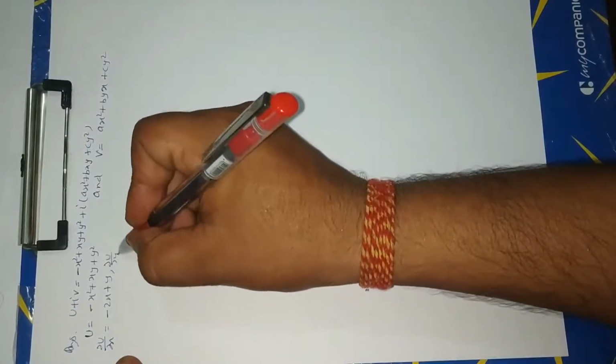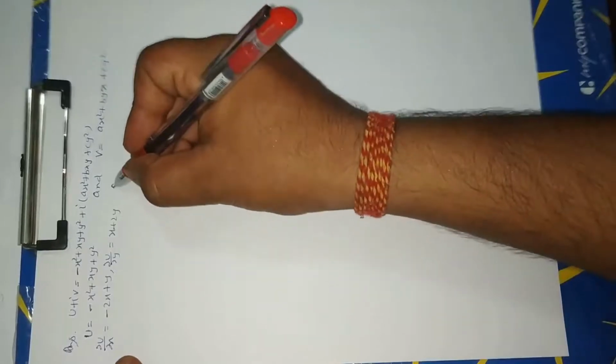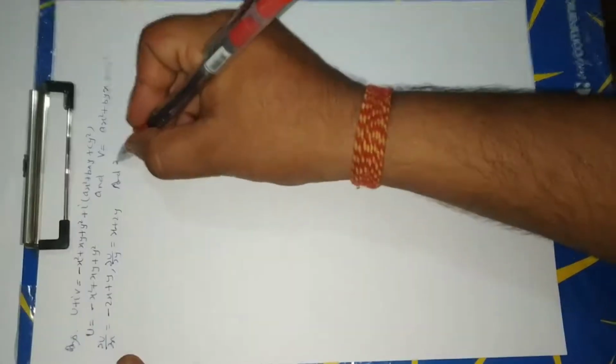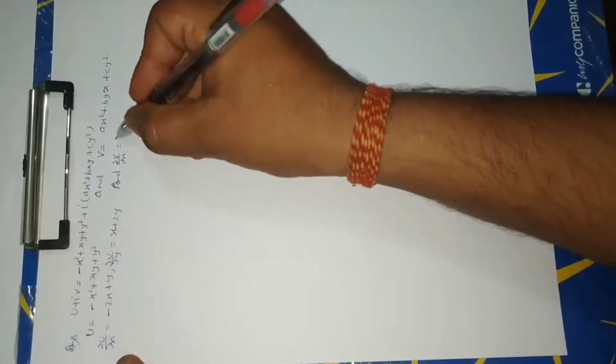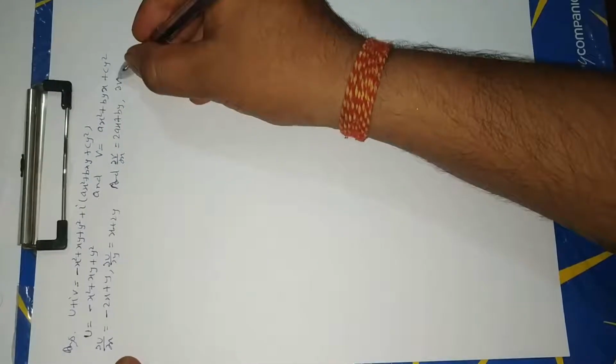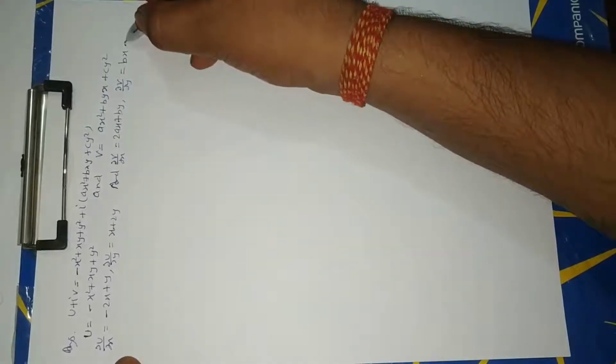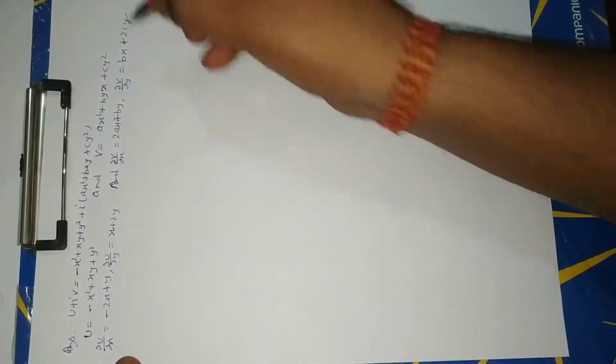Similarly, del u upon del y can be written as x plus 2y, del v upon del x is equal to 2ax plus by, and del v upon del y is equal to bx plus 2cy.